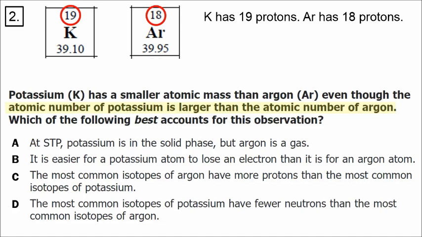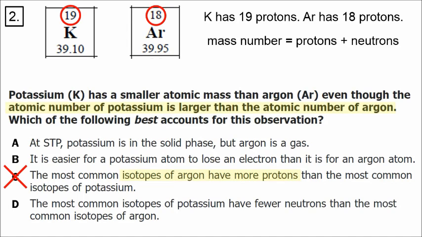Well, look at choice C. It says that argon has more protons than potassium. We know that's incorrect. Focus on the masses. If mass number is protons plus neutrons, and potassium has a mass that's around 39, 19 plus 20 is 39.